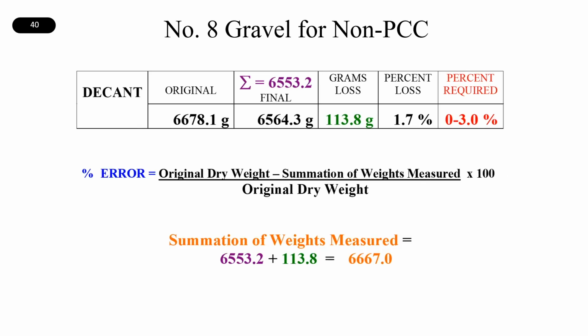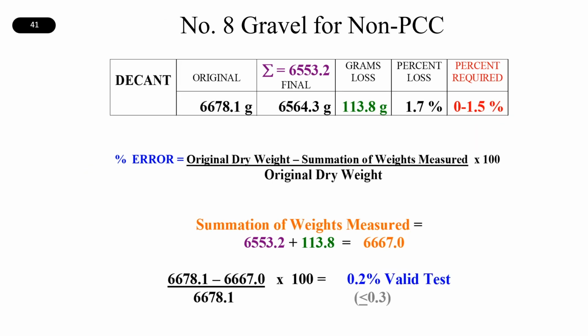The total summation of all weights measured is 6,553.2 grams plus 113.8 grams equals 6,667.0 grams. The total dry starting sample weight was 6678.1 grams.